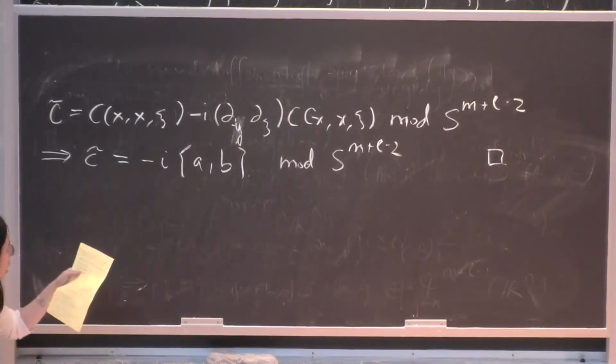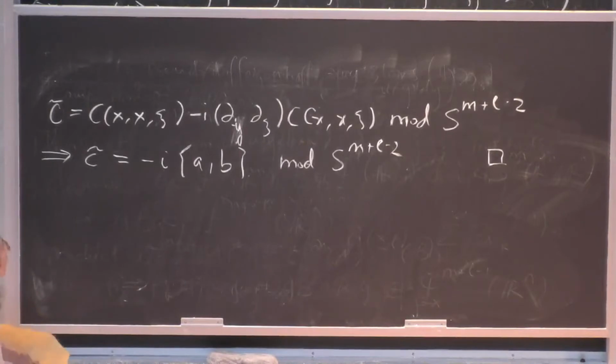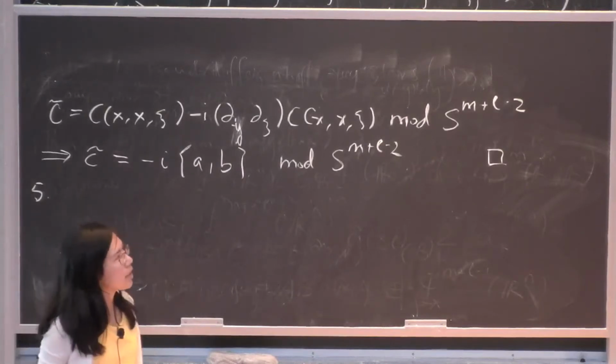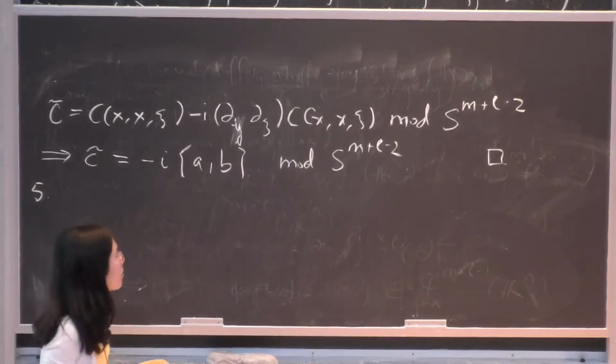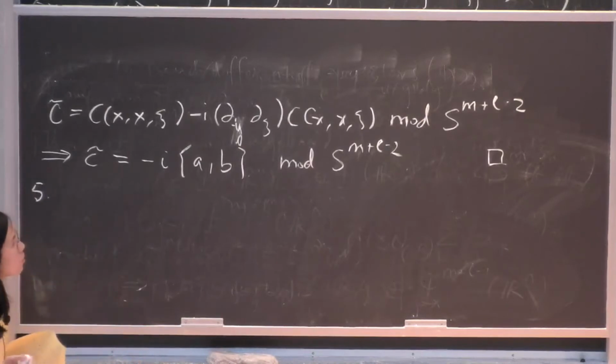Okay, now let me mention a few more things before I go to a different symbol class. We talked a lot about the definition and algebraic properties, and one thing that's useful for pseudo-differential operators is that they have nice mapping properties.